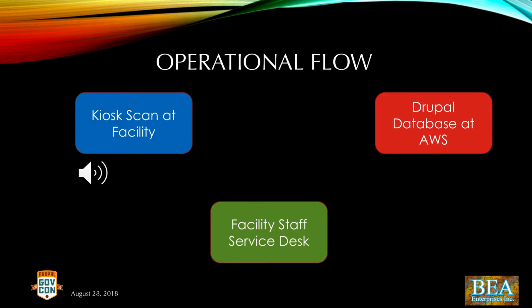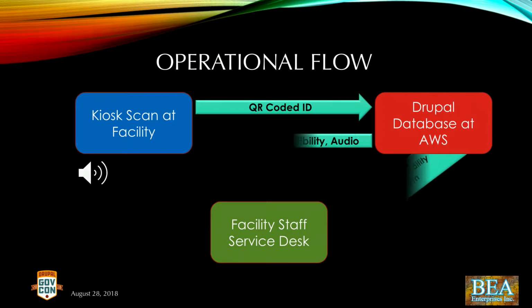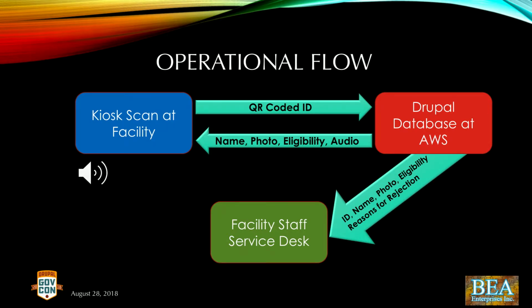Okay, so here's how it works on the inside. You have the kiosk scan. The only data transmitted is the user ID number or the key tag number, one or the other. The application running on the server is talking to the Drupal backend, and when it looks the person up, it sends back to the kiosk the name, photo, eligibility, that audio sound, and someone at the service desk can also deal with it.